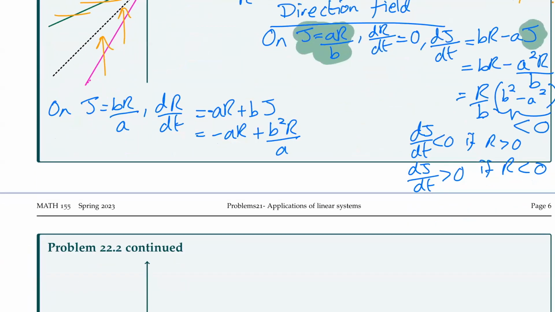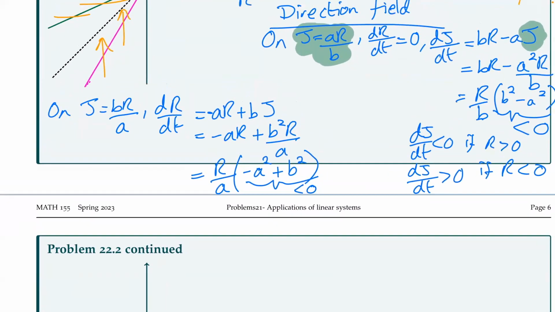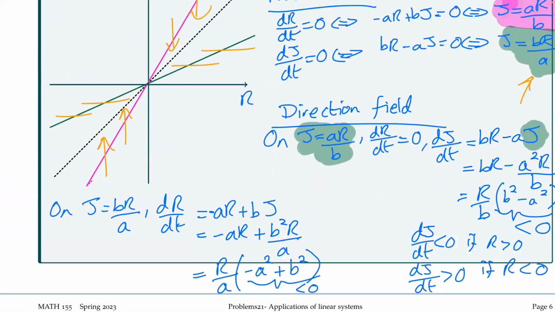Do the same trick that we did before, pull out a factor of r over a this time. We're going to have a minus a squared plus b squared, and this is going to be always negative as well. We've got b squared minus a squared. So this tells me that dr/dt has the opposite sign to r.